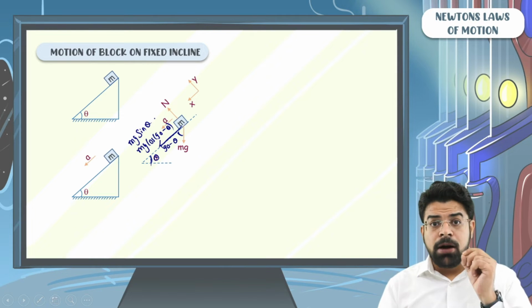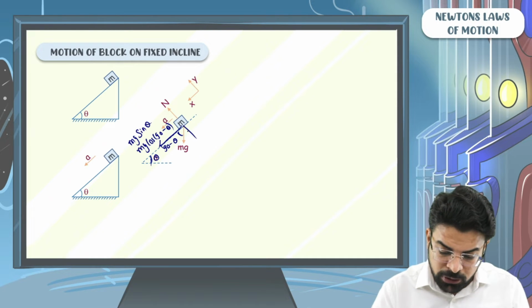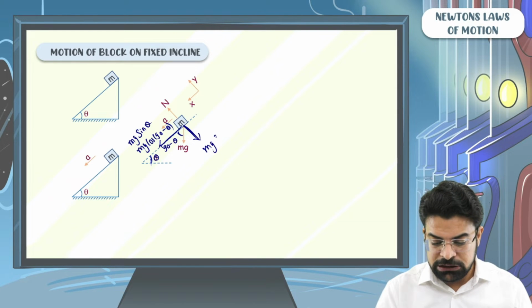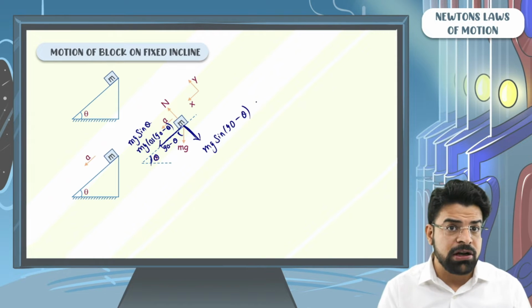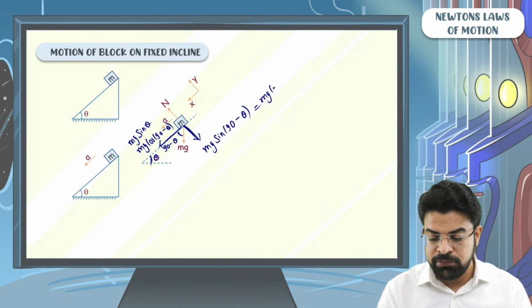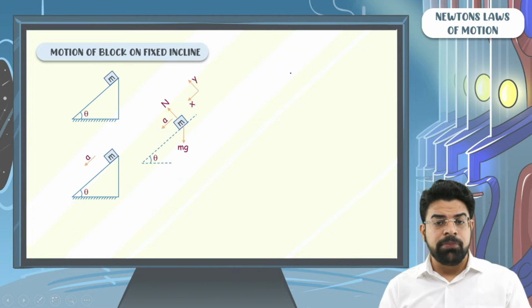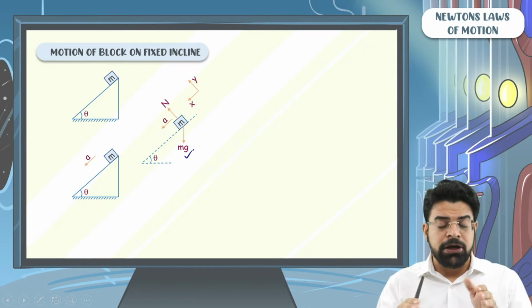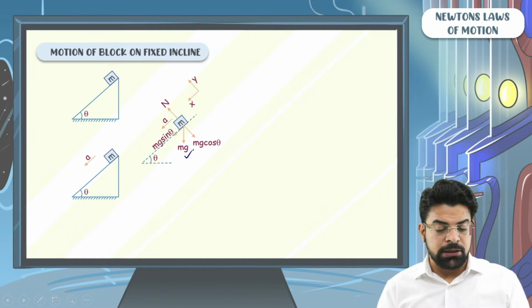Similarly, the component of the force of gravity perpendicular to the incline will be mg sin(90 minus theta), and sine of 90 minus theta can be written as cos theta. So that will be mg cos theta. So we can break down the force of gravity into components along the incline and perpendicular to the incline, and these forces come out to be mg sin theta and mg cos theta.